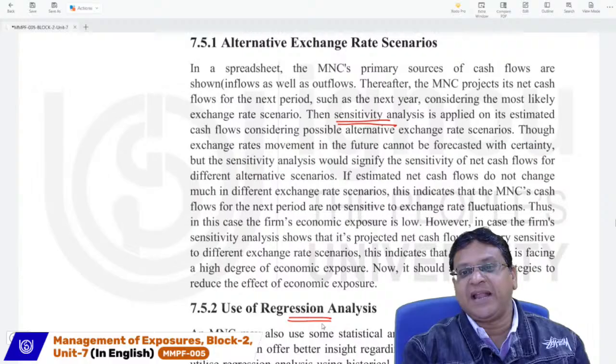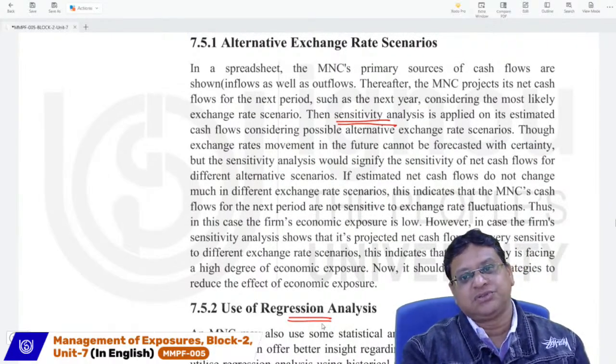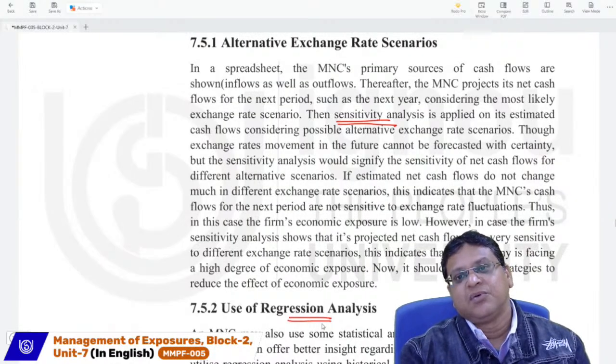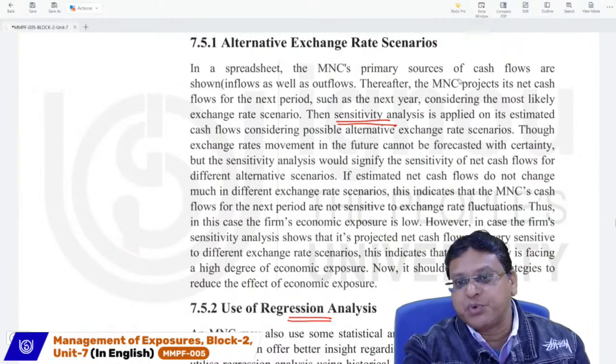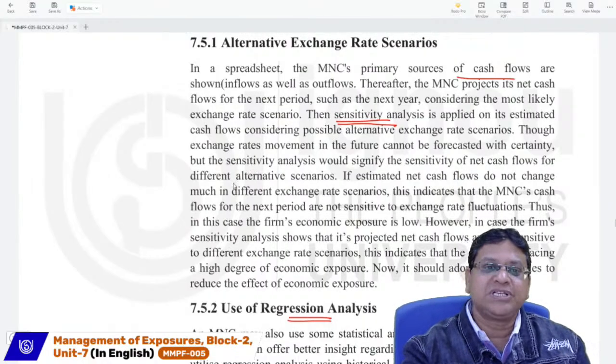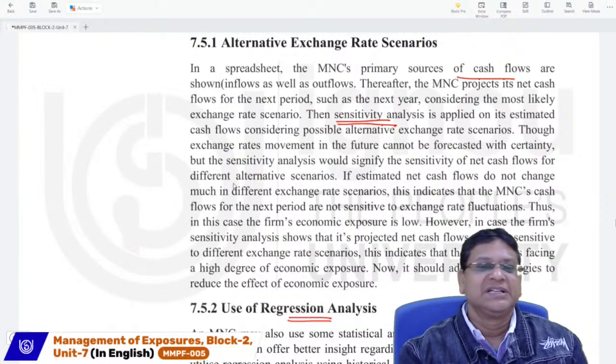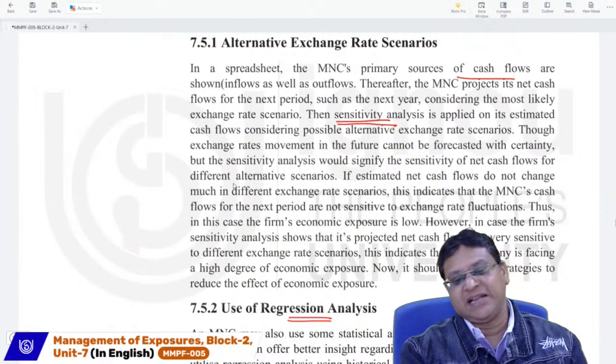With sensitivity analysis, we mention all the scenarios, what are the different types of cash flows and what will be the important scenarios in which the exchange rate may fluctuate, and we find out the risk. That is known as sensitivity analysis.